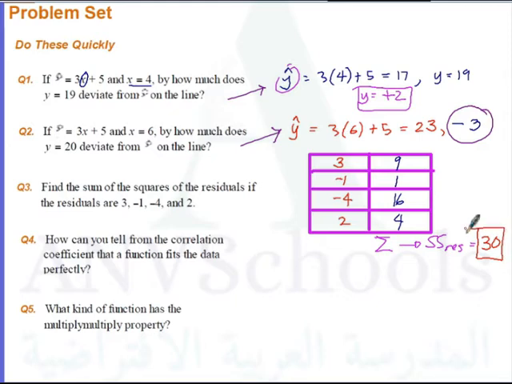Question number 4. How can you tell from the correlation coefficient that a function fits the graph or the data perfectly? Because the correlation coefficient indicates the strength of the correlation between the variables, when your R is equal to 1, that means that the given data fits the function perfectly.